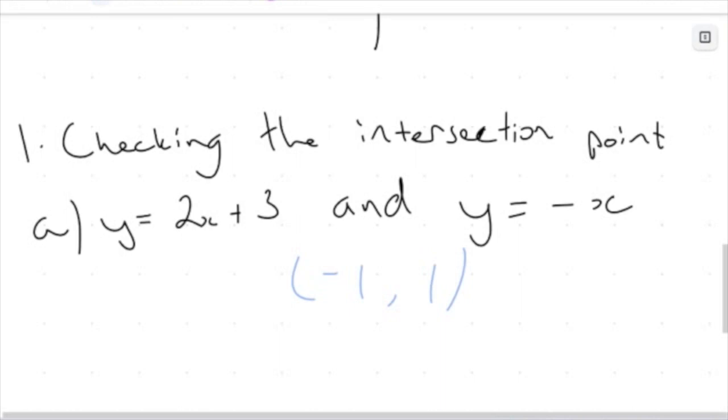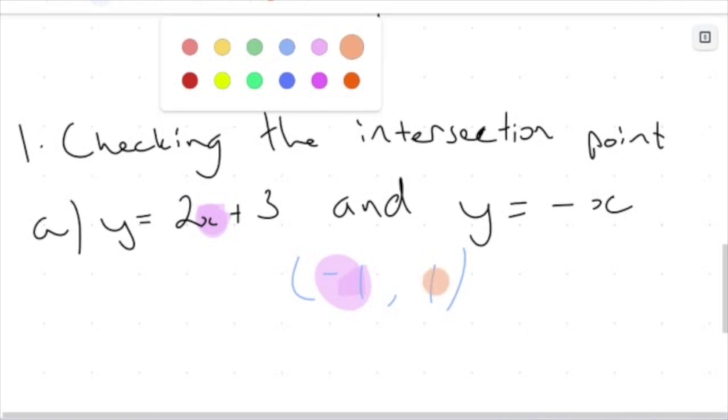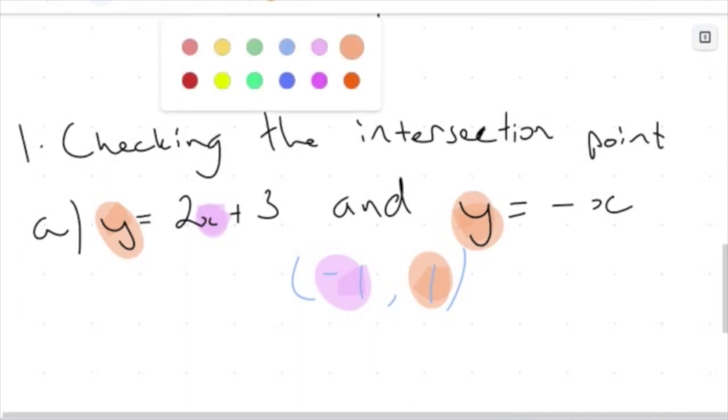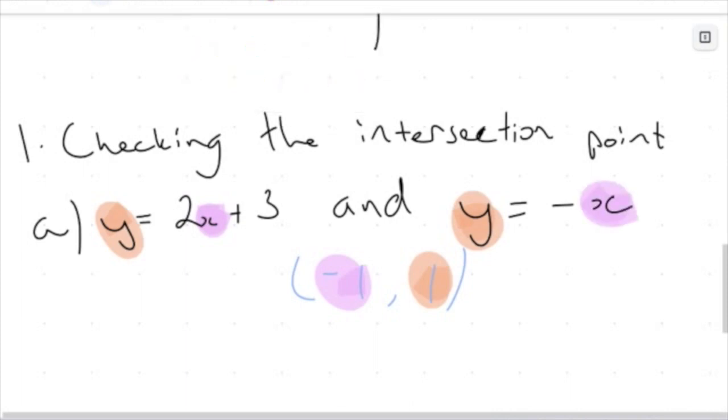Well, you may remember before we talked about this idea that if a point lies on a line, it satisfies the equation. So if I put this -1 here in my x and I put my 1 here in the y, and I do this for both, I will get this being a solution to both. If this is in fact an intersection point, then when I substitute x and y inside, the left-hand side of the equation of both is going to equal the right-hand side.